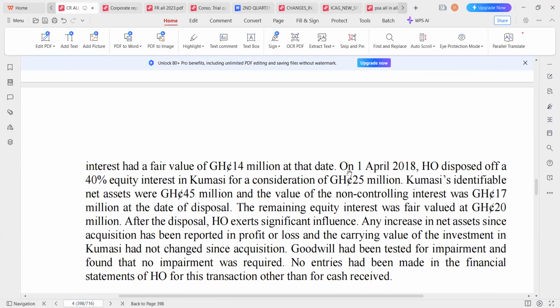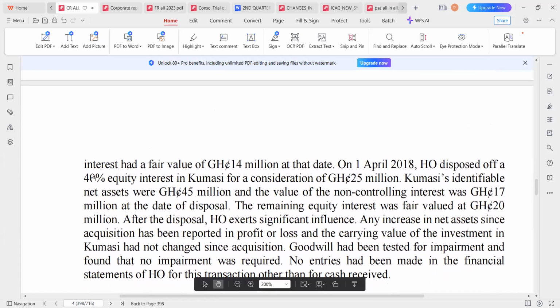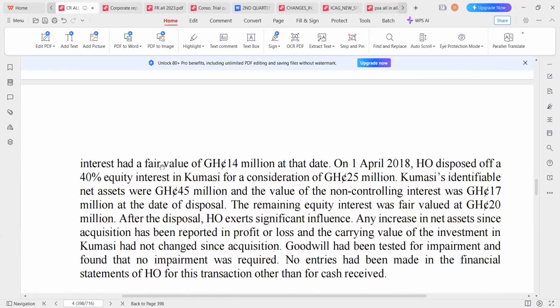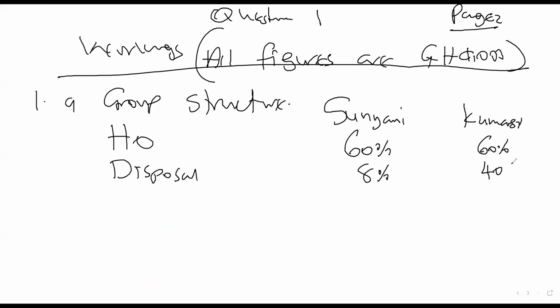It continued, saying that in April 2018, Ho disposed of 40% equity interest in Kumasi. For a consideration, I don't need the consideration for now. Now, Ho disposed of 40% of a stake in Kumasi.